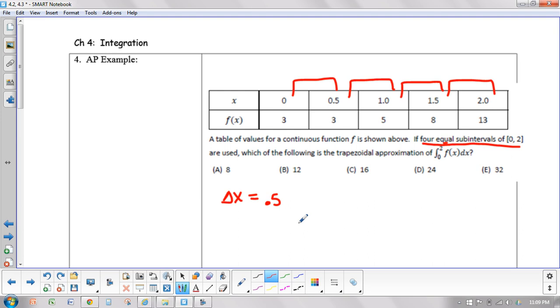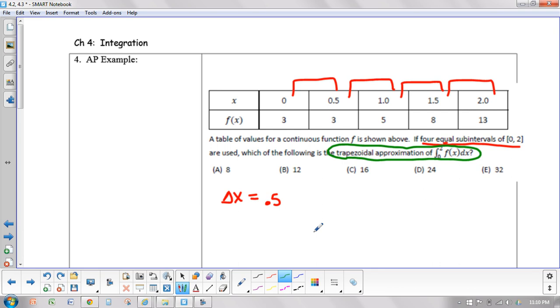Okay. Which of the following is the trapezoidal approximation of the integral from 0 to 2 of f of x dx. They're automatically assuming that this function is going to stay above the axis the whole time when they're asking you to approximate the integral.